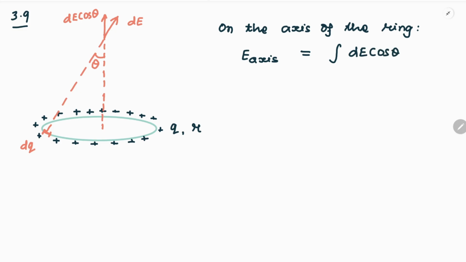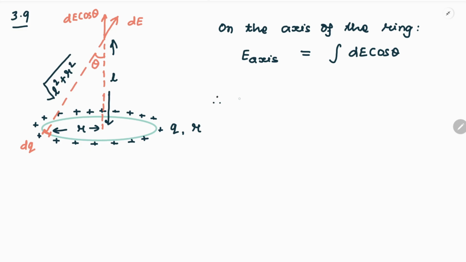So all the dE cos theta elements will contribute to make the total electric field strength on the axis of the ring. So now in order to calculate this value, we have this distance as small r, and this is at a distance L from the center of the ring. So this distance can be written as the square root of L square plus R square.